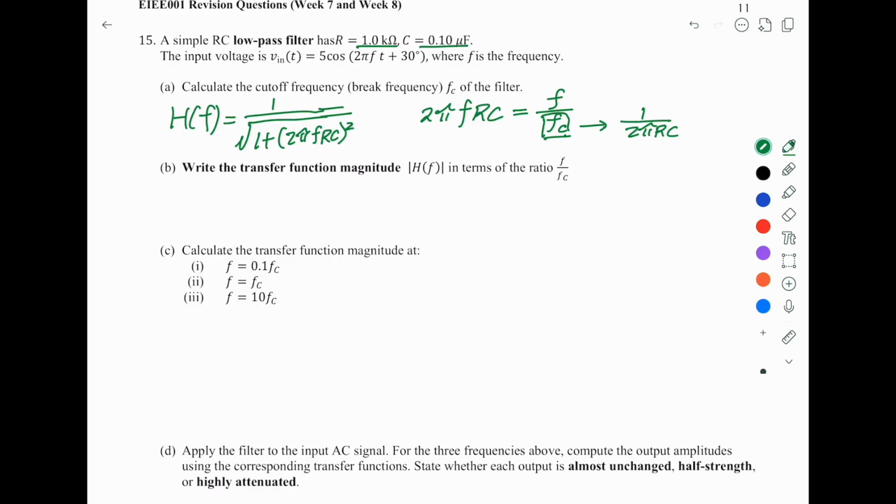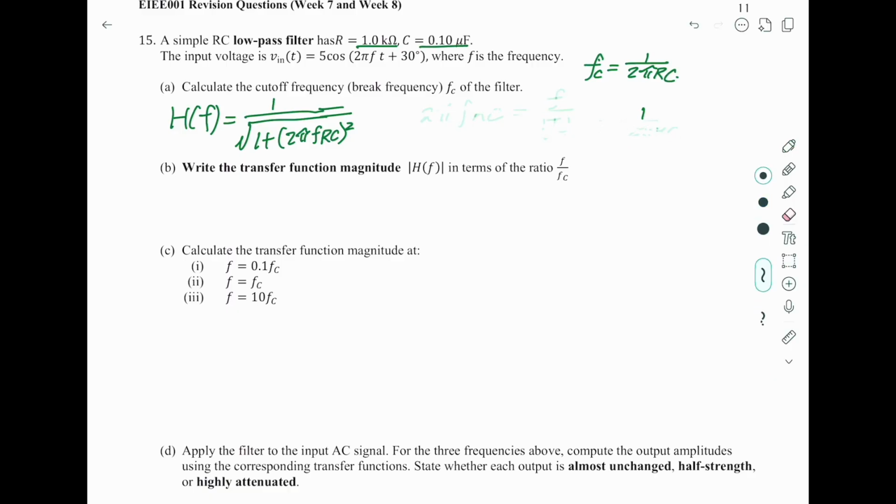So now we can define the so-called cutoff frequency, or the break frequency; it depends on the discipline. If we define the cutoff frequency FC as 1 over 2 pi RC, the transfer function can be written in a more interesting way: 1 over the square root of 1 plus (F over FC) to the power of 2.